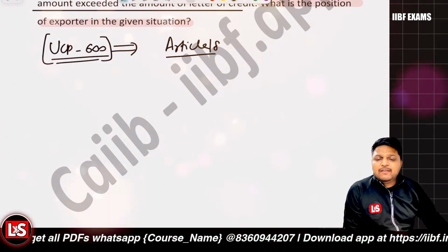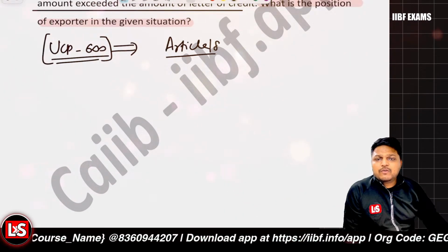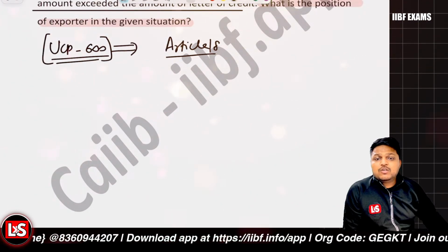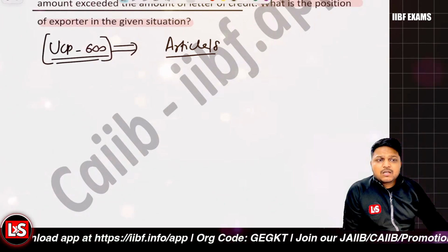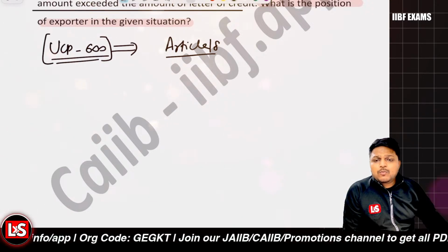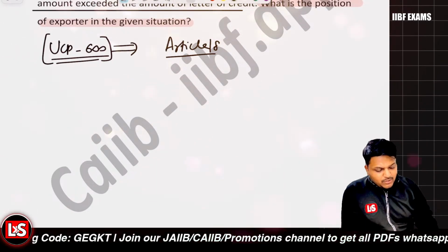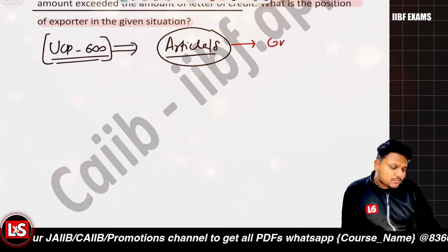If you memorize Article 18, it was all about the commercial invoice, right? And I also told you about Article 30. So Article 18 was related to the commercial invoice.